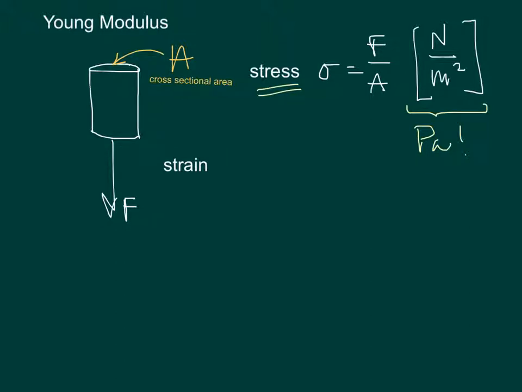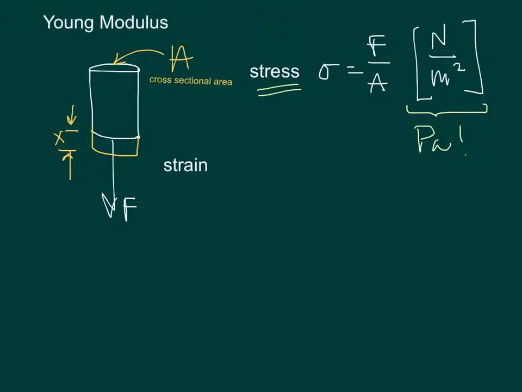Okay, so the strain is the other variable we have to concern ourselves with, and the way that's calculated or thought about is by considering this wire and considering it extending down here. So you've now got a delta x, just like we did in Hooke's law. Just call it x.